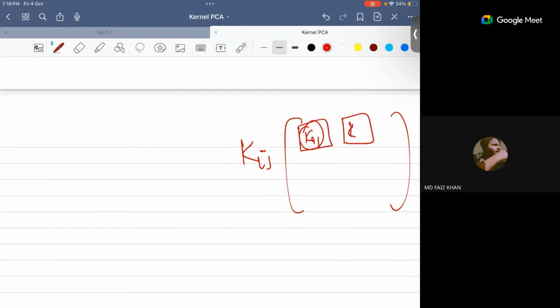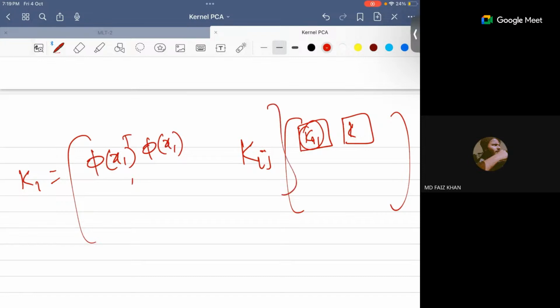So this can be written as k of I, 2 cross 2 any matrices, equal to phi of xi transpose phi of xi. Similarly here, you can just write it in this form, right? Correct?